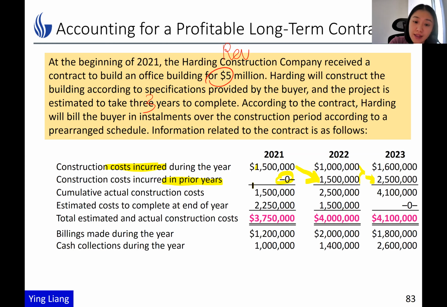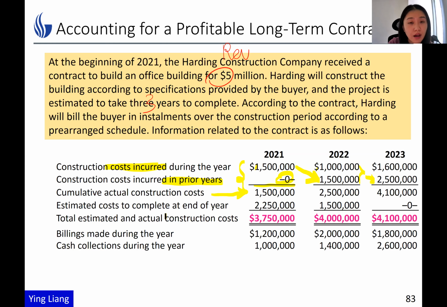You see a line here, which means the third line is the total of the two. So for year 1, 2021, it is 1.5. For 2022, it is 1 million plus 1.5 equals 2.5. Now let's go to line 4, estimated costs to complete at end of the year.